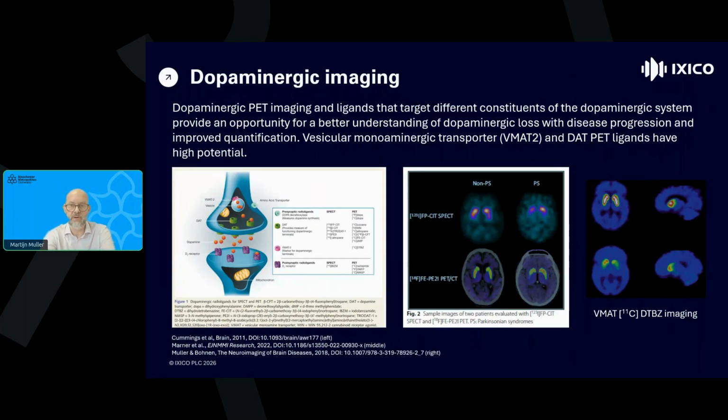It's worth noting that currently of high interest are dopamine PET tracers such as PE2I and vesicular monoamine transporter type 2 tracers, VMAT2 tracers. I included an image here of VMAT2 DTBZ imaging, which is a carbon-11 tracer that I used in my studies when I was at the University of Michigan.